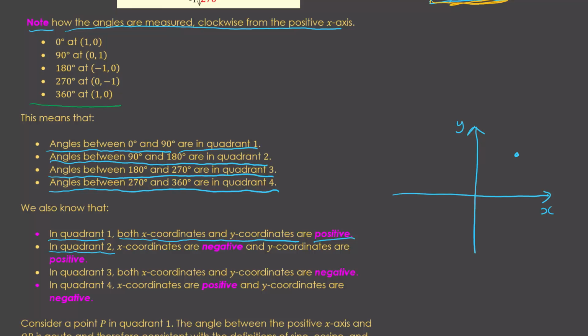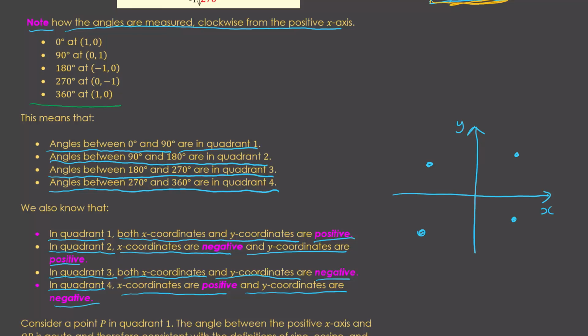In quadrant 2, x coordinates are negative and y coordinates are positive. So that's for a point here. In quadrant 3, both x coordinates and y coordinates are negative. That's a point down here. And in quadrant 4, the x coordinates are positive and the y coordinates are negative.